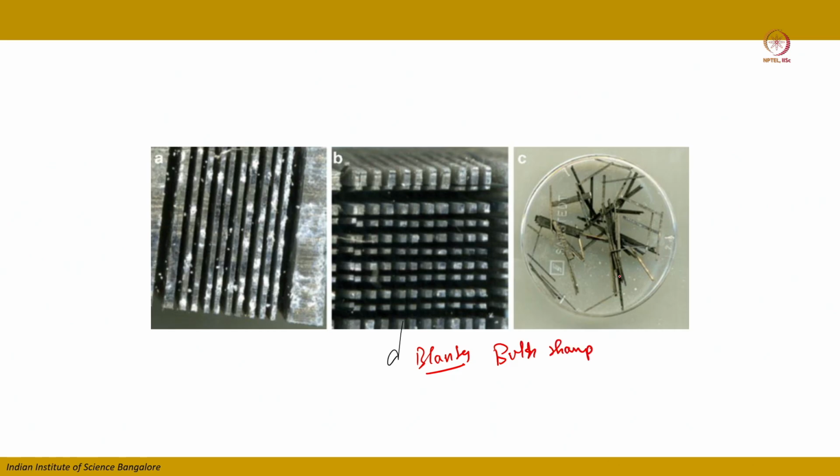You can see these blanks are rectangular cross section rods of that particular sample, having around 0.3 mm square cross section, and the length is around 25 mm. So these are the blanks.